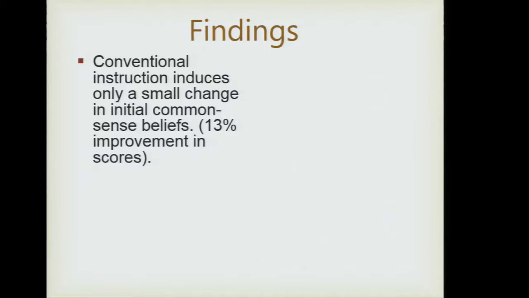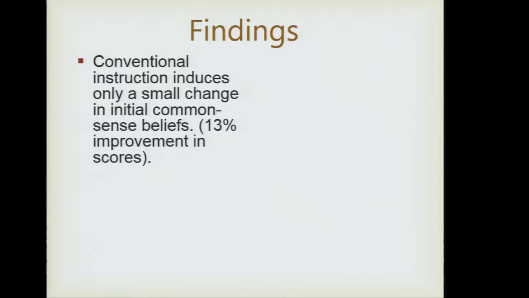There's sort of technical descriptions of what was meant by an improvement in score. But in essence, there was only a 13% improvement of knowledge and understanding of the basic concepts of physics. And this was horrifying. You've spent an entire semester with these students, and they don't improve very much.